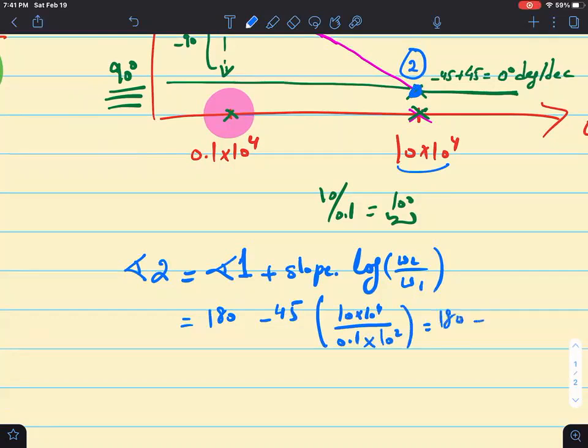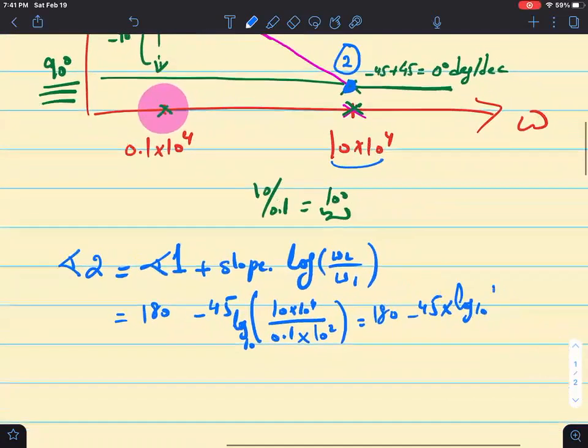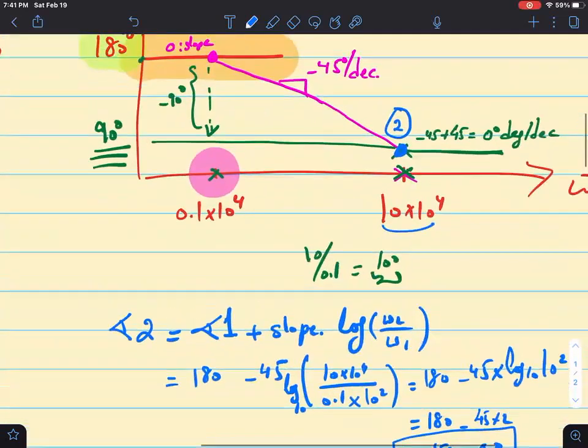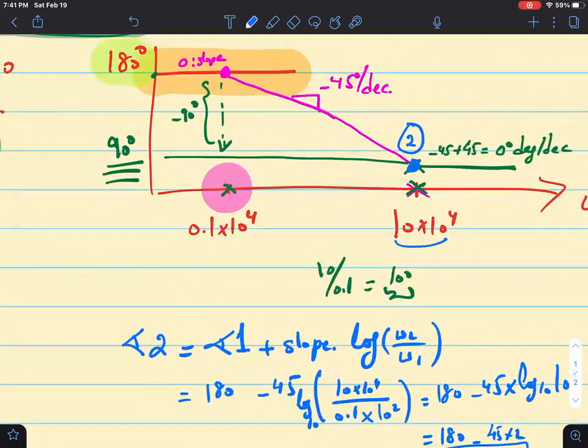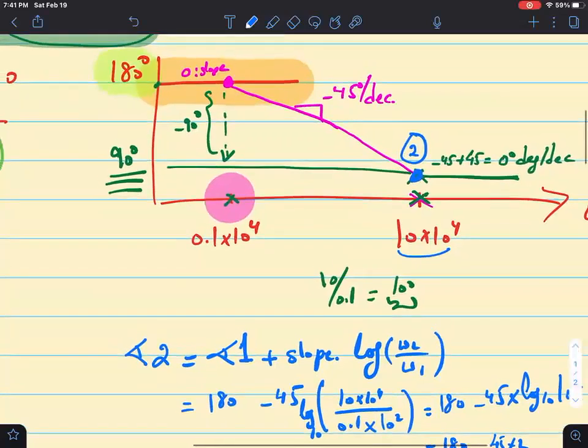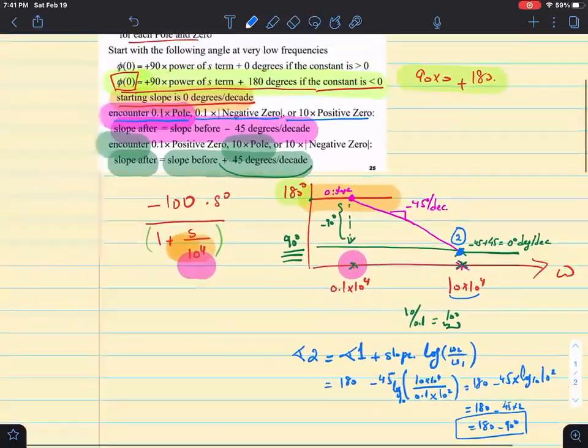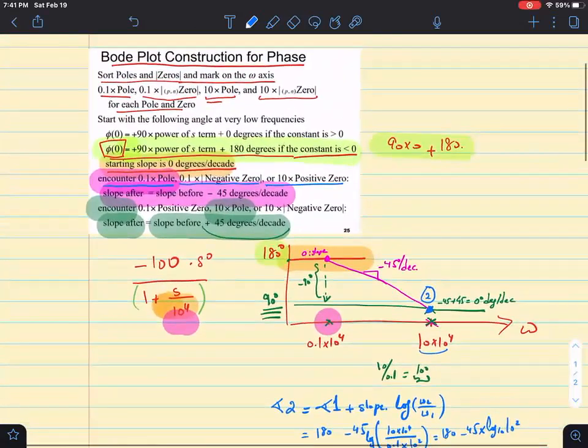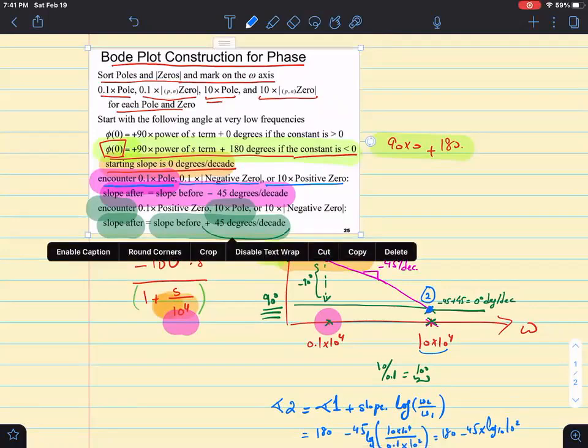And this is equal to 180 minus 45, sorry, this is log here, log base 10 of this, which is 10 to the 2, so this is equal to 180 minus 45 times 2, which is 180 minus 90 degrees. Okay, so this is how we really calculate how many decades we have and what is the angle that we get here.